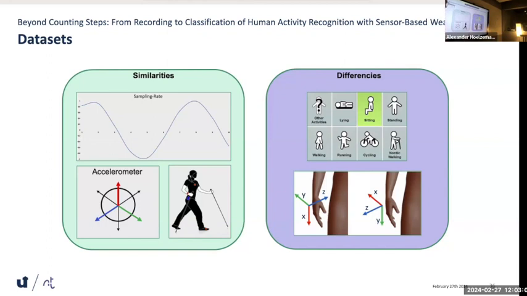Also, x and y are swapped. They also have, and this is the reason why we selected these data sets, a lot of similarities, like for example the sampling rate. Both data sets are recorded with 100 Hertz, so 100 samples represent 1 second. Both have an accelerometer, and both data sets were recorded on the same position on the body.